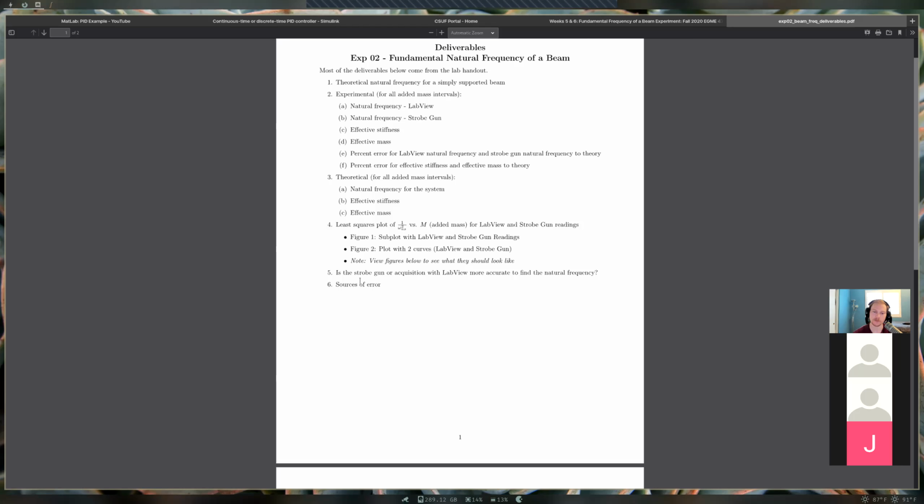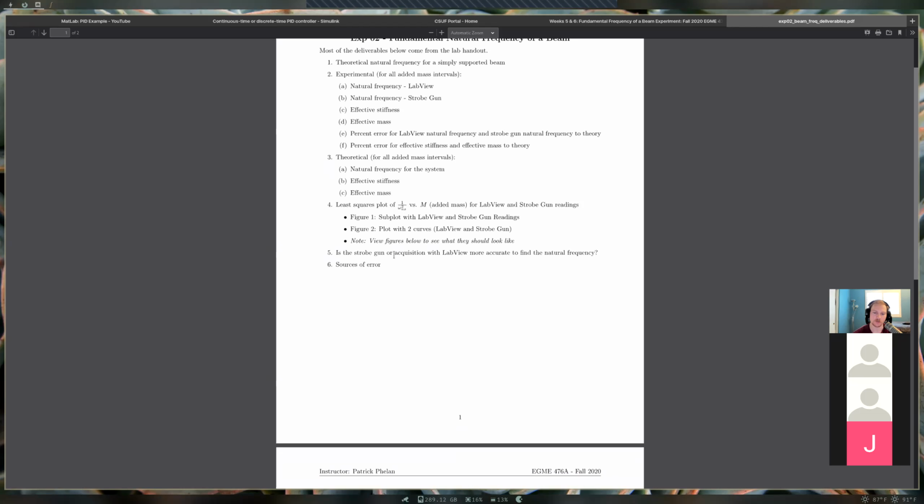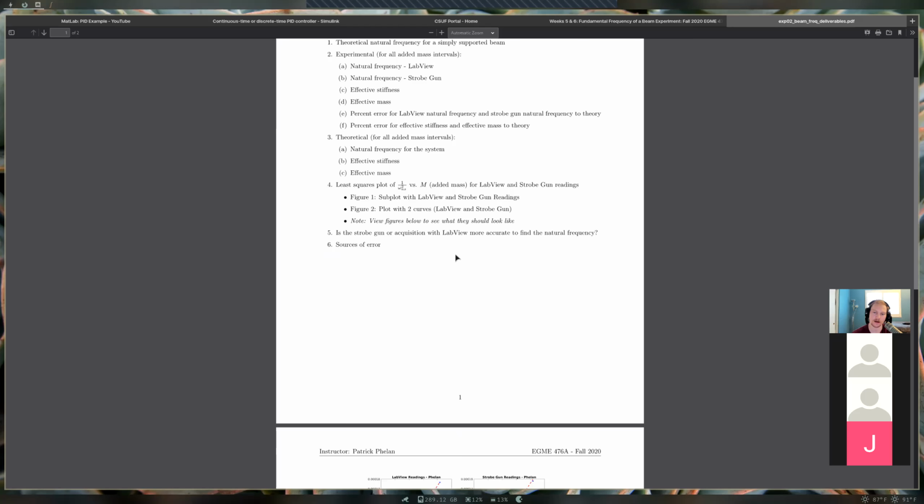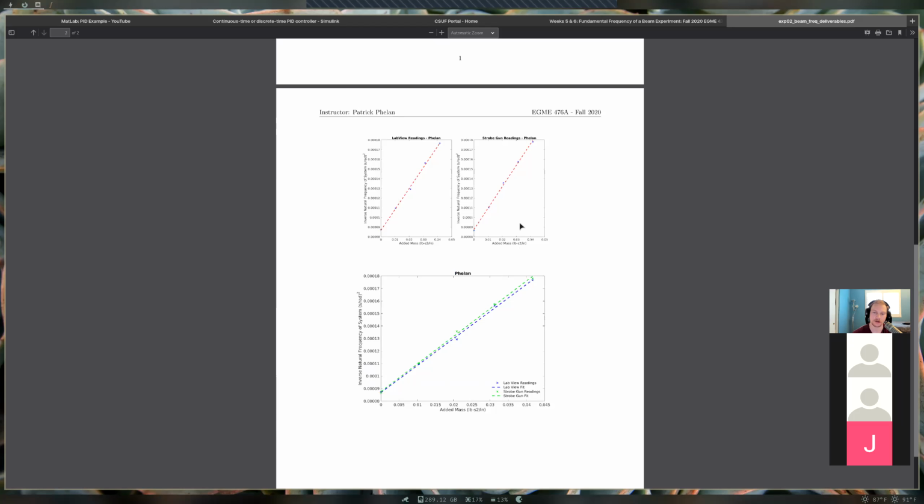All right, then we have our least squares plot. That was 1 divided by our natural frequency, what we recorded experimentally, either with LabVIEW or the strobe gun, and we plotted that against our added mass. So that's these plots right here. These two figures are basically the same thing, right? In this top part here, I have a subplot.